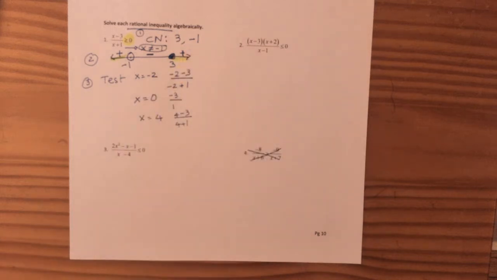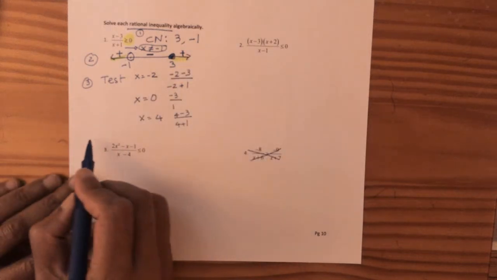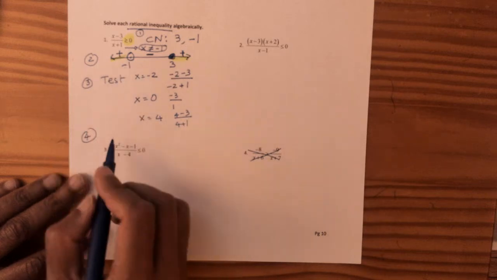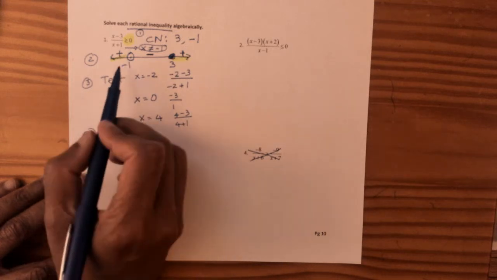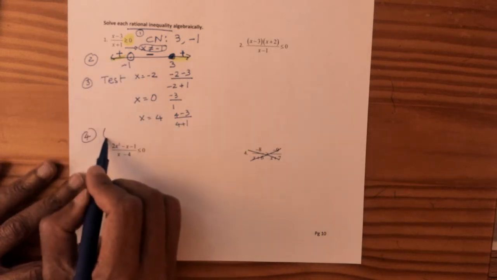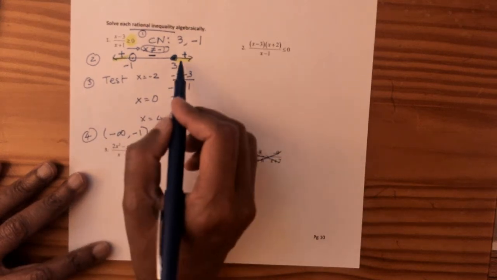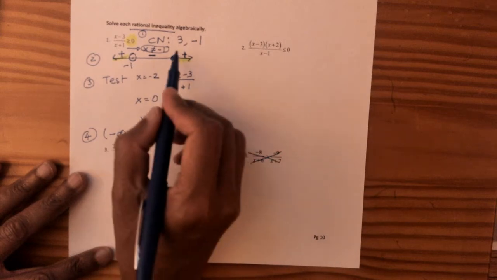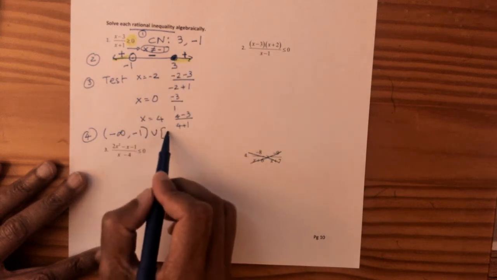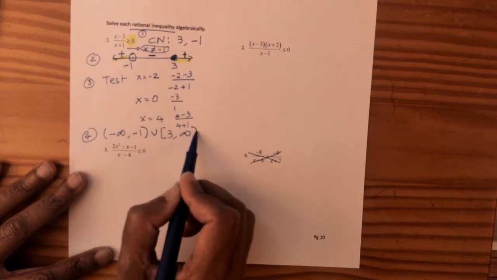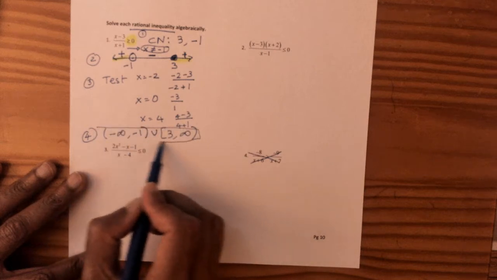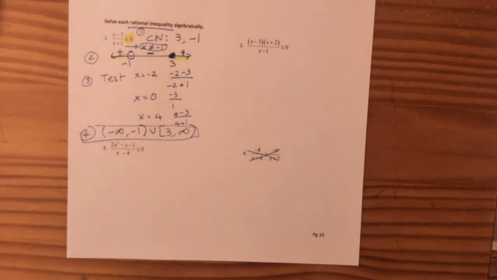So my solution is all values of x between negative infinity and negative 1, with parentheses, not brackets, and then all values greater than or equal to 3, but 3 is a closed circle, so be careful how you write this. So this is your solution.